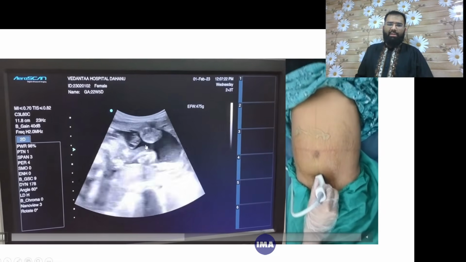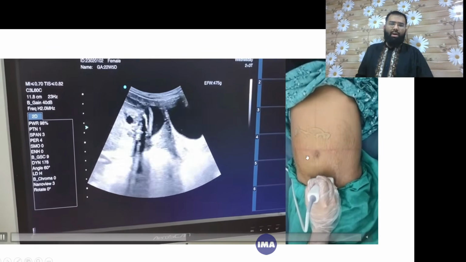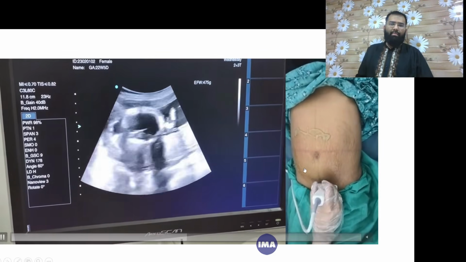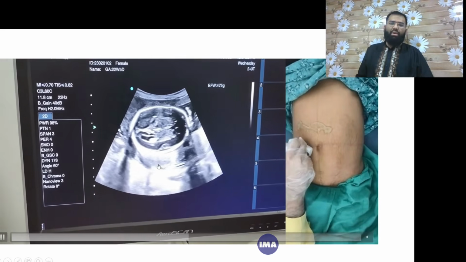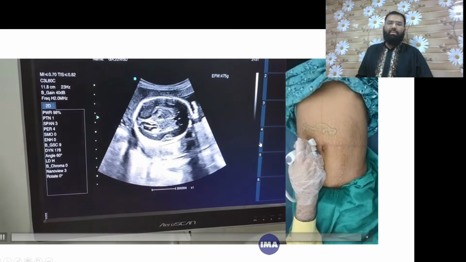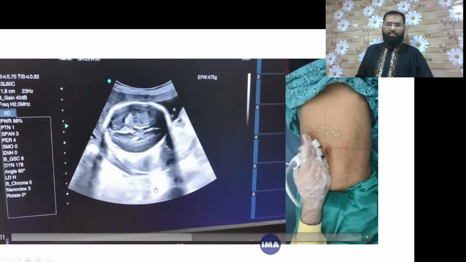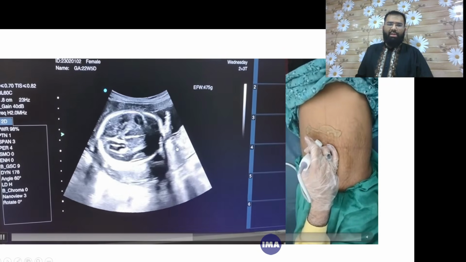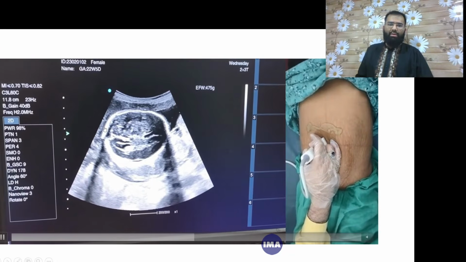So the presenting part is breech because the breech is lying below. And now as I move up, you get the head region. So the head lies above, and the presentation is breech presentation in the present scan. And we are able to see this posterior pointing arrow, the placenta which is lying posteriorly, the amniotic fluid, and this is how you freeze it.